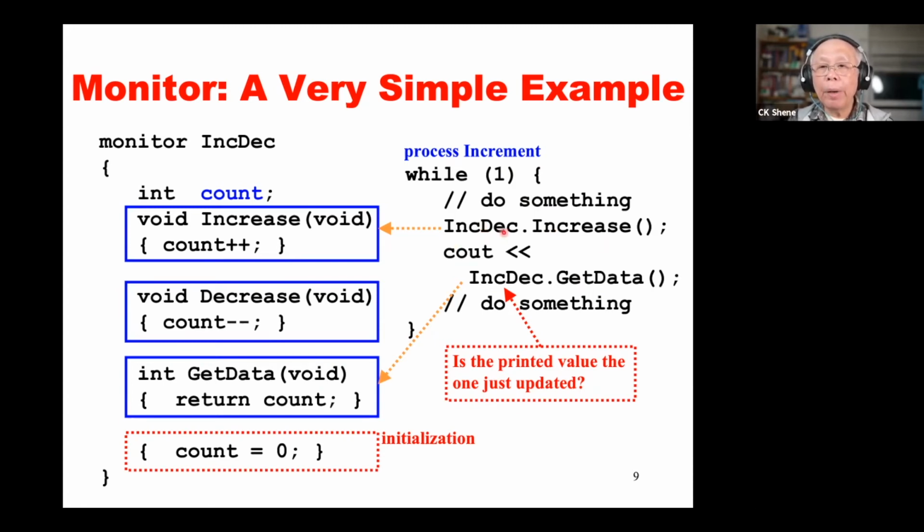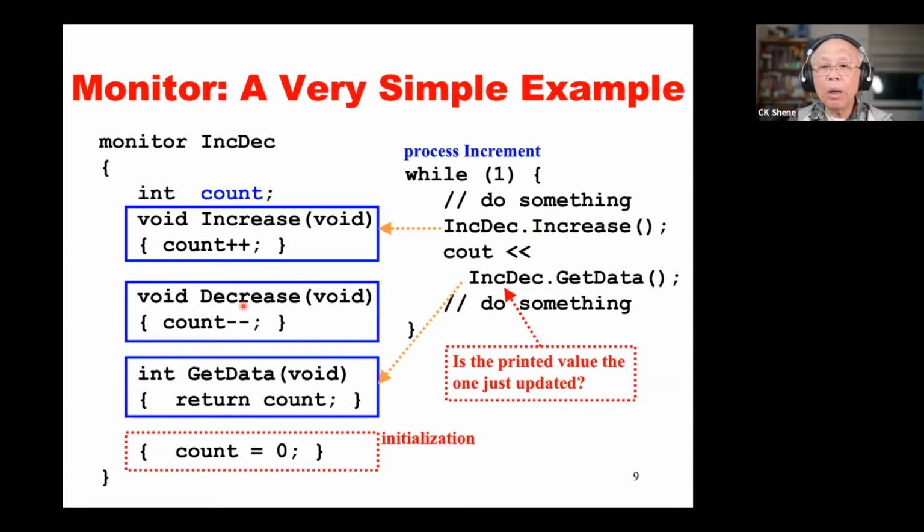While I am increasing the value of count, you may call inc.decrease. So we don't know the scheduling policy. After I increase the value of count from 3 to 4, I exit. And you are the only one waiting to enter because you call decrease.